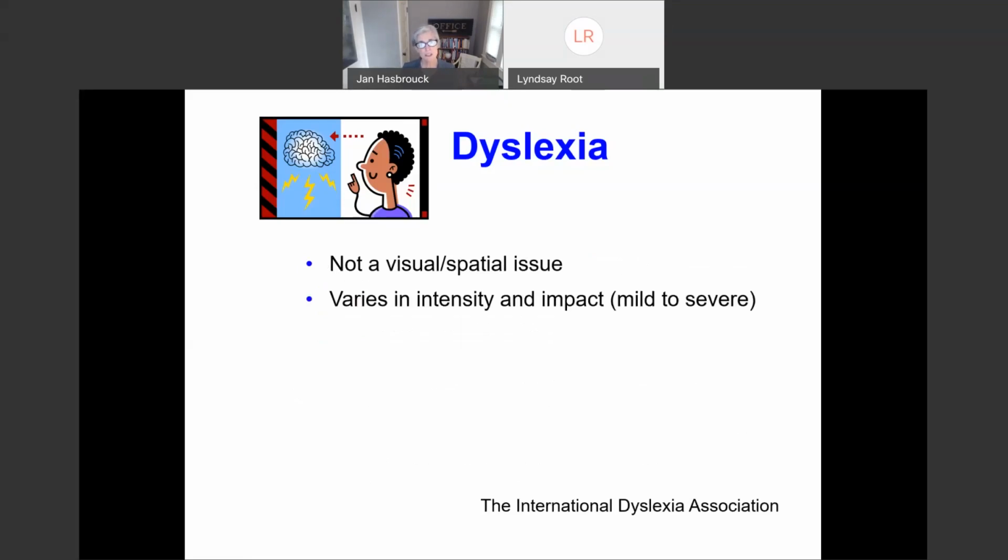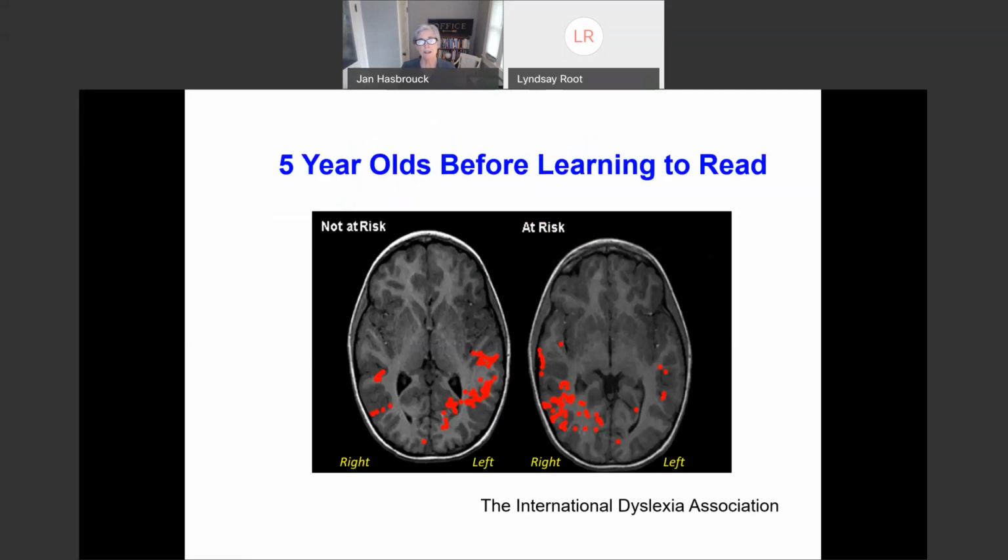We know it varies in intensity and impact. You can have mild dyslexia, moderate to severe, very severe. It is genetic, as we talked about. This is one of the images that comes from those magnetic imaging machines, magnetic encephalography, or others, where we can non-invasively take pictures of active working brains.